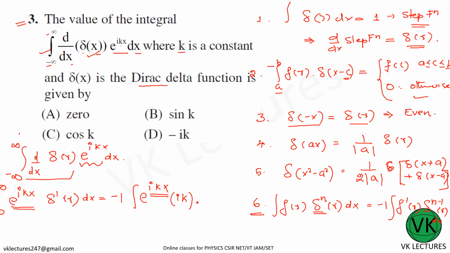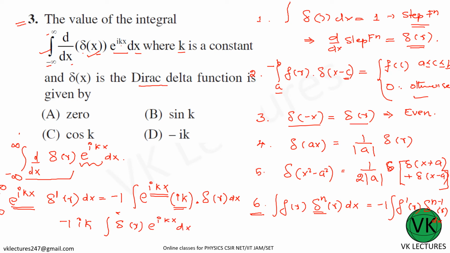Here n is equal to 1, so n minus 1 is 1 minus 1, which is 0, so delta of x. Now bring this ik outside. So we have minus 1 times ik integral delta of x into e to the power ikx dx.